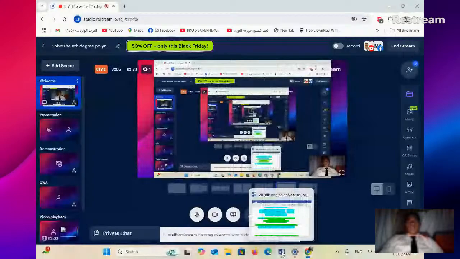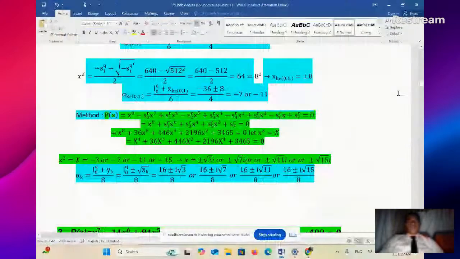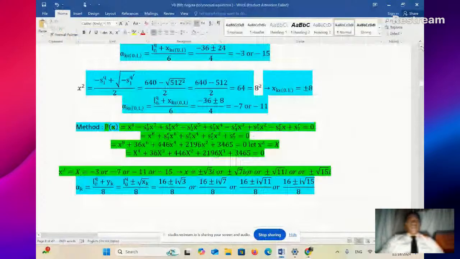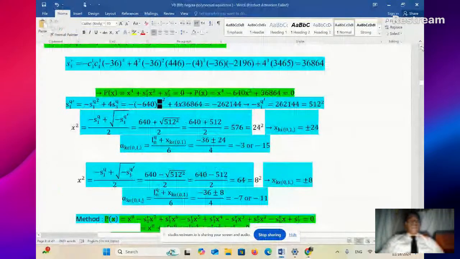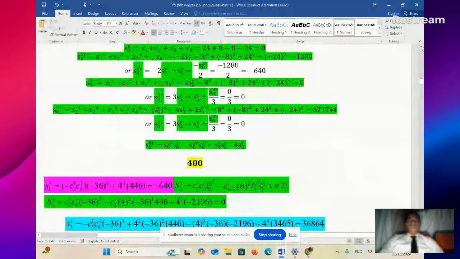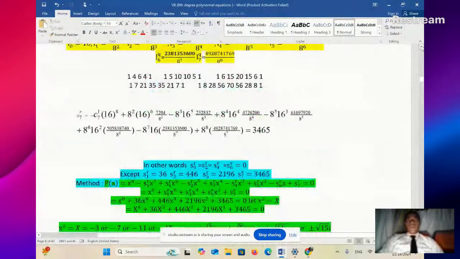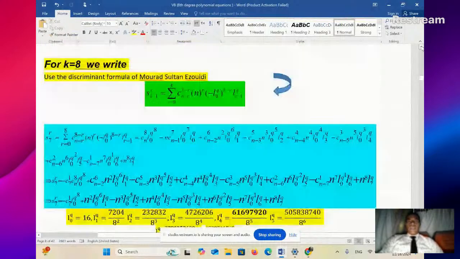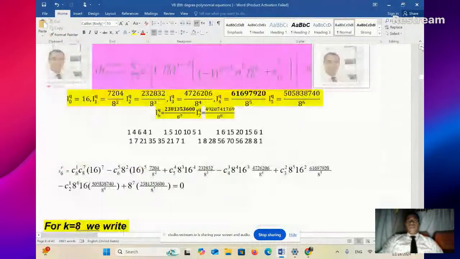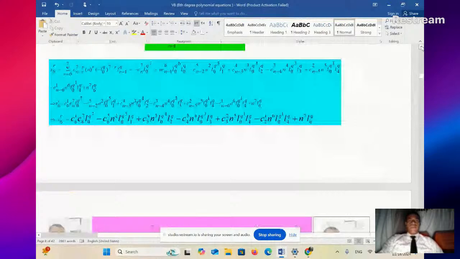Learners, this is our example, a polynomial to the power 8. Today we are going to solve the 8th degree equation using the theorem of Mr. Murad Sultan Swedi.